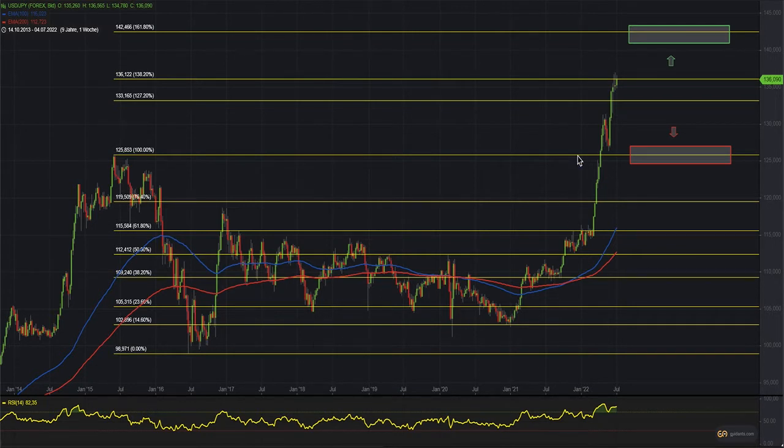So now we are possibly heading to that setback scenario in the coming weeks. It won't be that strong. Maybe it's not strong enough to get back into the red area, but it could possibly do so in direction of that 127.20 Fibonacci projection level of 133.